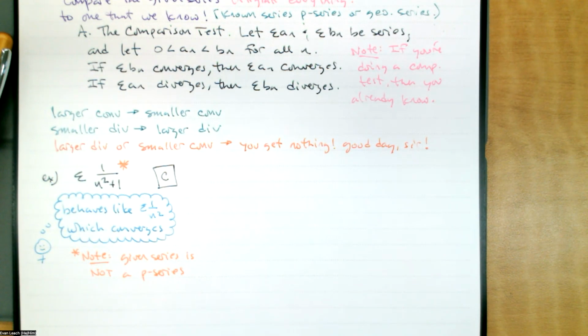It's going to behave like a p-series in the long run. But it's not exactly of the form of a p-series. So we can't say it's exactly a p-series. So we're going to compare it to a p-series.